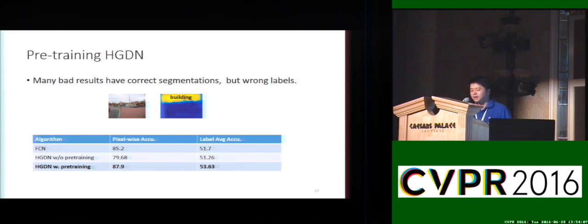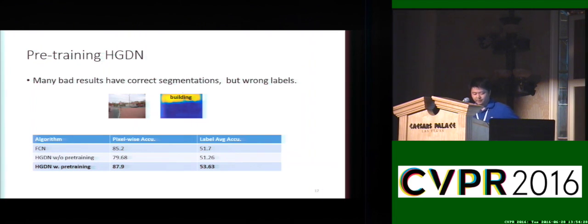This problem can be somewhat addressed by involving an external dataset. We can pre-train our architecture on ImageNet, and then compare the pre-trained result against the model without pre-training.